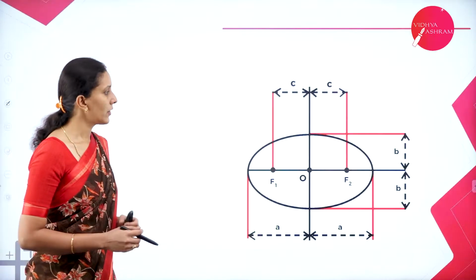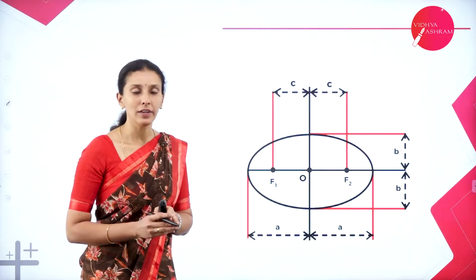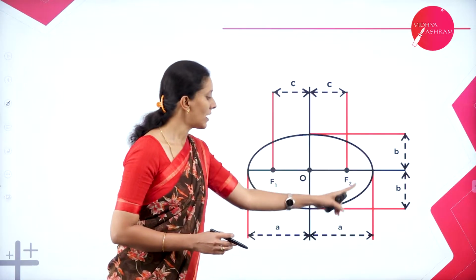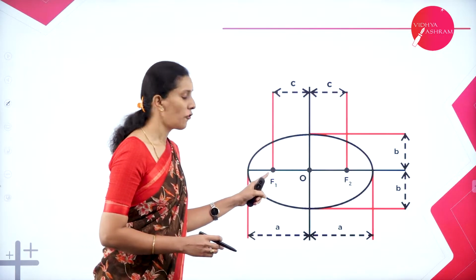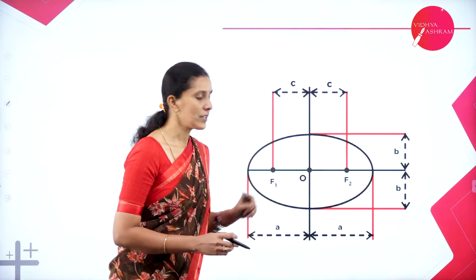Now, let's look at some of the characteristics of the ellipse. So here is an ellipse I have taken. This is focus F1 and this is focus F2.